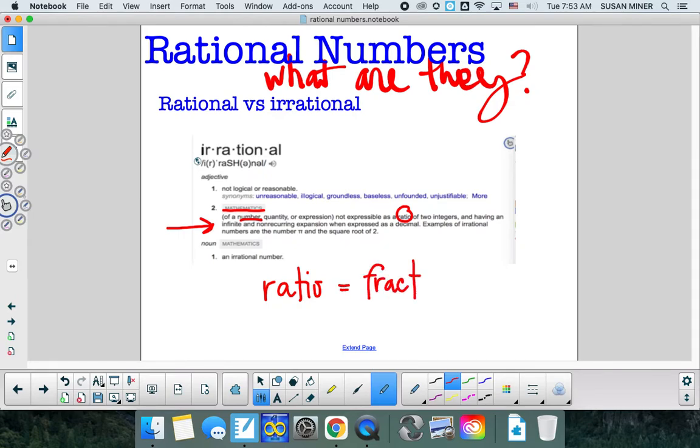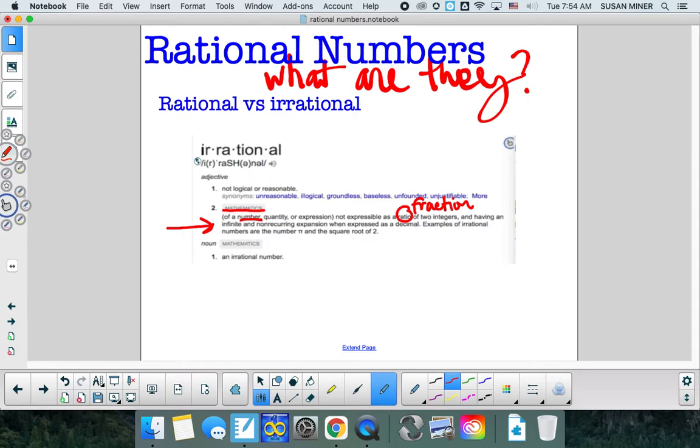It's a comparison of two numbers, right? A ratio of 2 to 1 is the same as saying a fraction 2 to 1. So I could replace that word with fraction in the definition. It's not expressible as a fraction. So an irrational number is a number that's not expressible as a fraction.